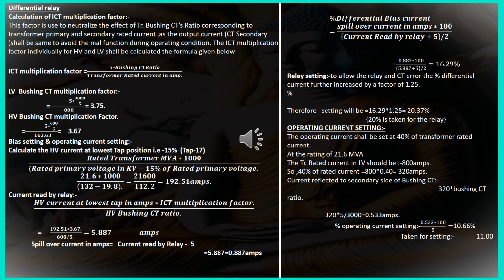If the current is reduced, the difference of current will also reduce. So the bushing CT ratio is possibly more in this, for this cause. Here the ratio is how much? Bushing CT ratio is 3000 by 5 in HV side.